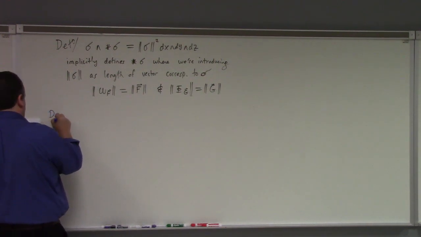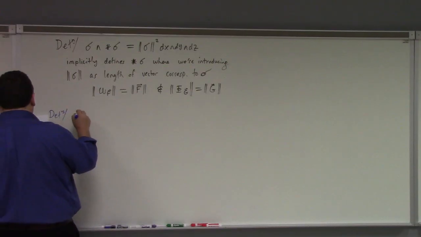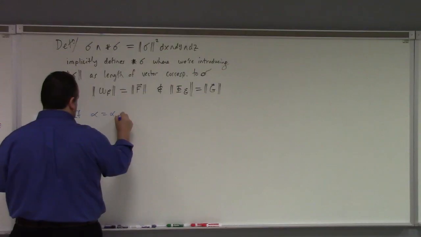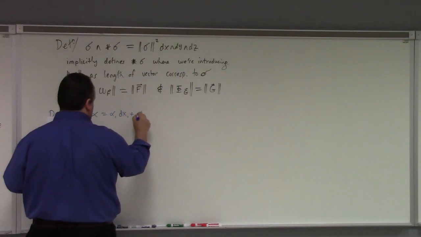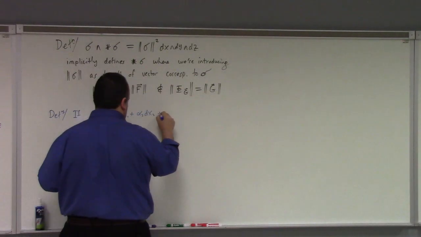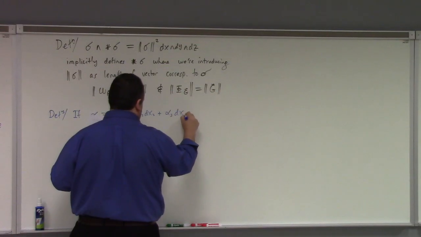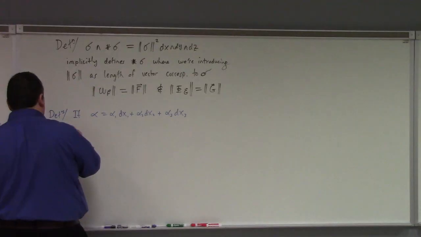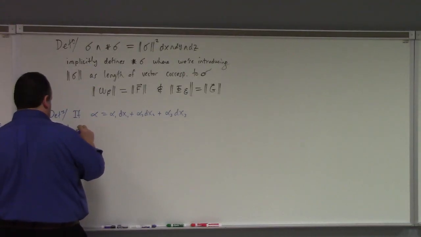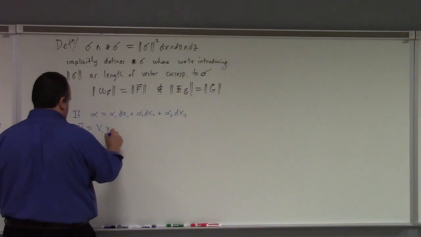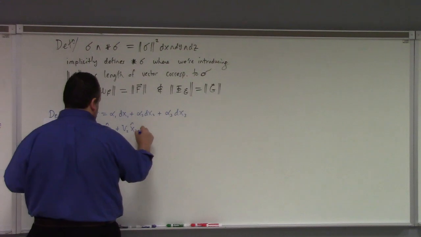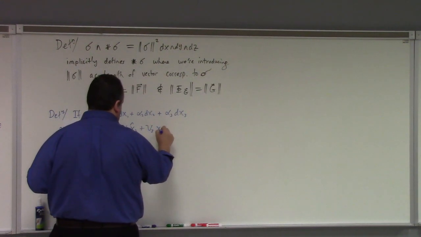So, definition: if we had alpha equal to alpha 1 dx1 plus alpha 2 dx2 plus alpha 3 dx3, right? And if we had a vector v equal to v1 x1 hat plus v2 x2 hat plus v3 x3 hat, okay?